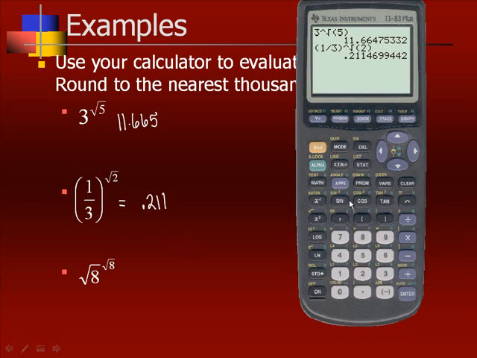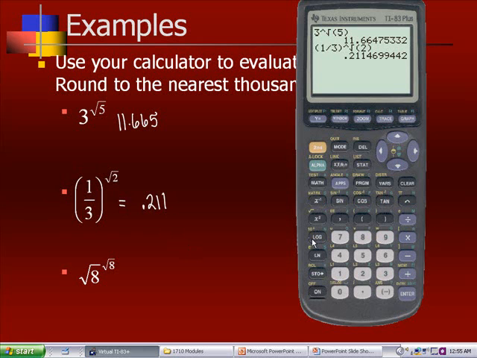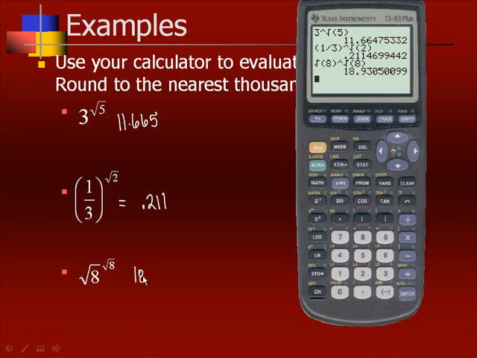And the square root of 8 to the square root of 8: in parentheses, the square root of 8, close that parenthesis, to the power of the square root of 8 will give us 18.9305, or 18.931.